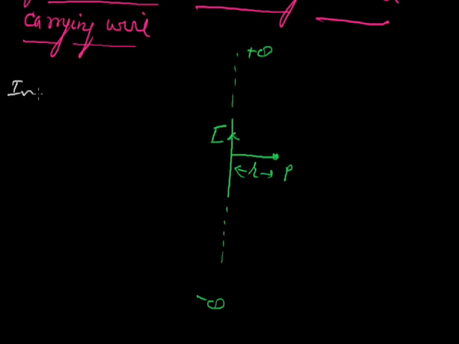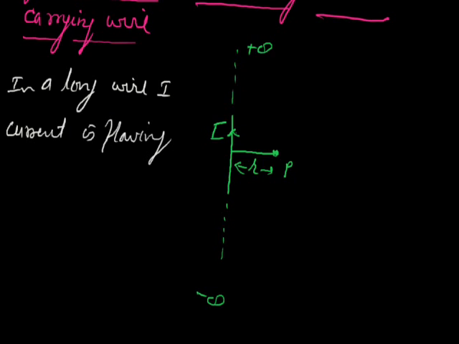In a long wire, current I is flowing in the upward direction.